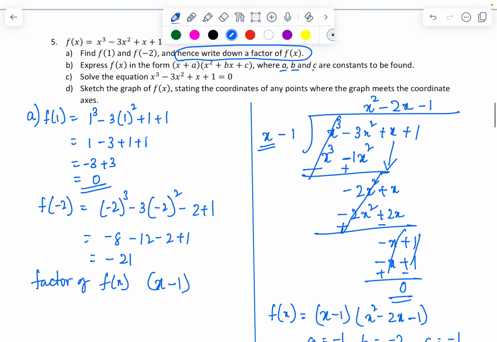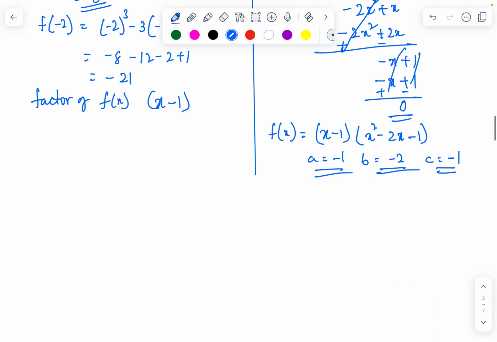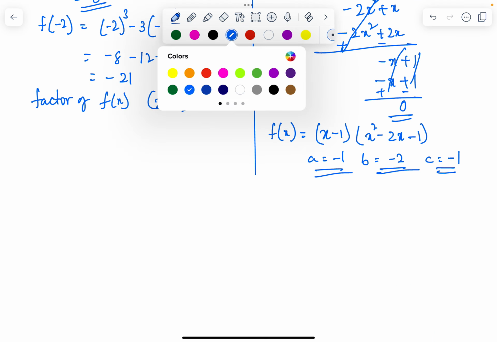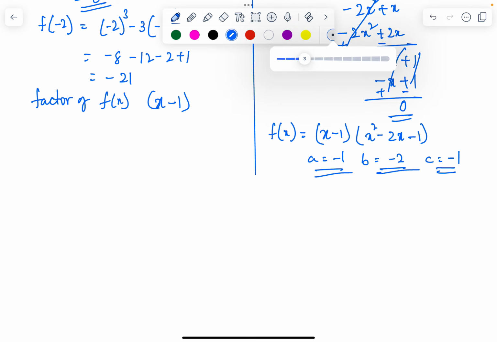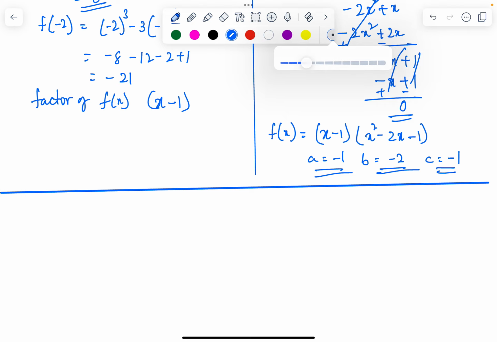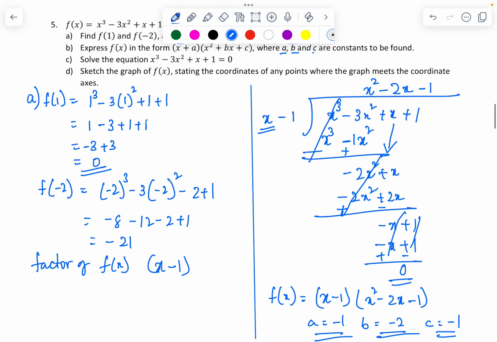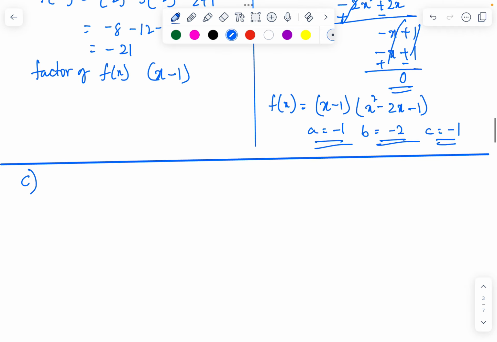Alright, then C, solve. So once we have this, I'm going to draw a line here. Now C is, hence solve f of x. So f of x equals 0. So x minus 1 times x square minus 2x minus 1 is equal to 0.